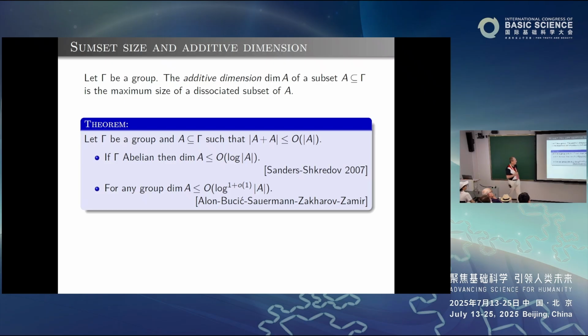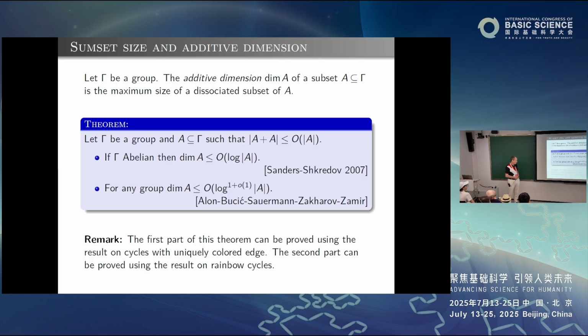There is a theorem which says that if you have a subset A of the group such that A plus A has size proportional to A, then the dimension of this set is at most logarithmic in A, for any abelian group. And for non-abelian groups, we know it is almost logarithmic. This is a result by Alon, Bucić, Sauermann, Zakharov, and Zamir.